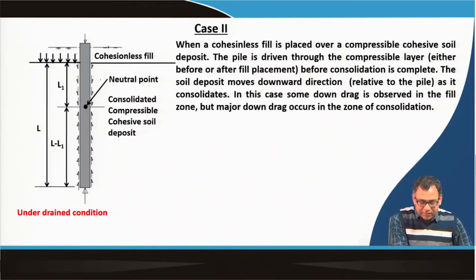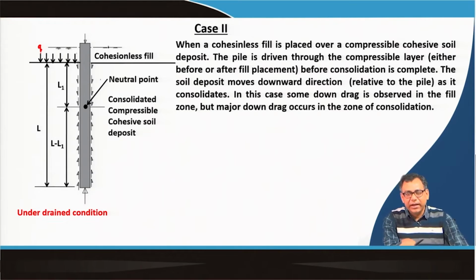Here the cohesionless soil is acting as a surcharge, acting on top of the existing compressible cohesive soil. If the length of the pile is not large enough, then most of the pile friction will be negative skin friction.